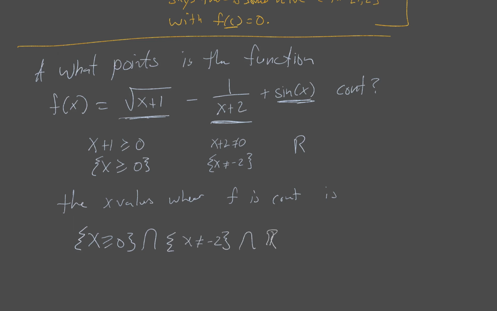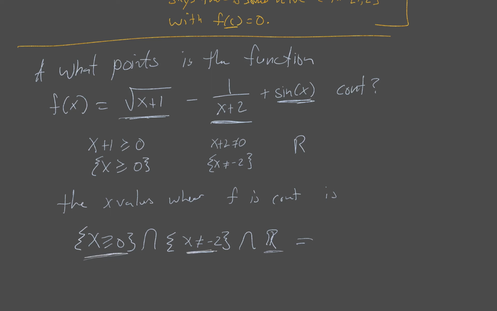Okay, so what does that mean? The intersection's where all three of these things happen at the same time. Intersecting with r doesn't really do anything because there's no restrictions there. Here I need to be bigger than or equal to 0, and here I just can't be equal to negative 2. So this says make sure that you're bigger than or equal to 0 and then take away this negative 2.